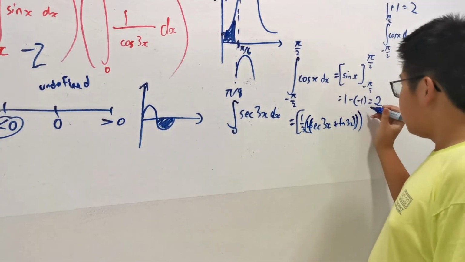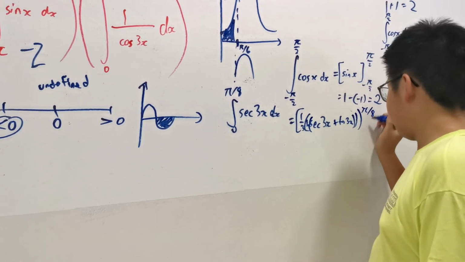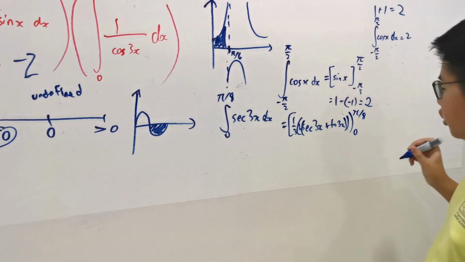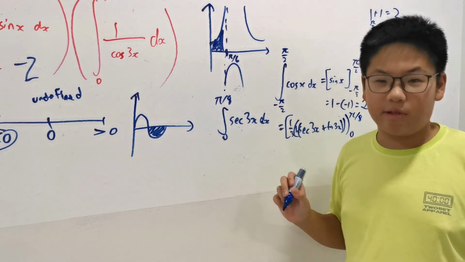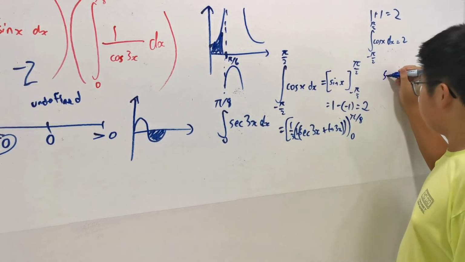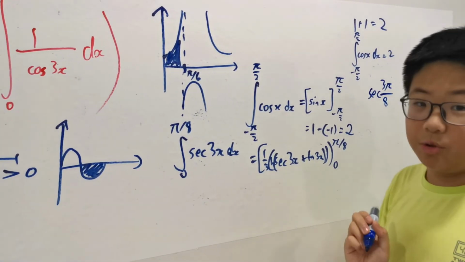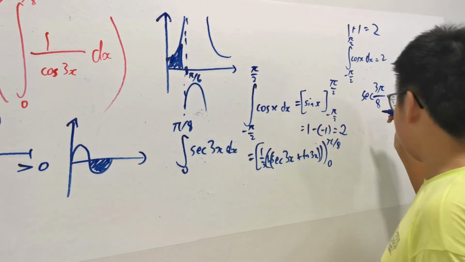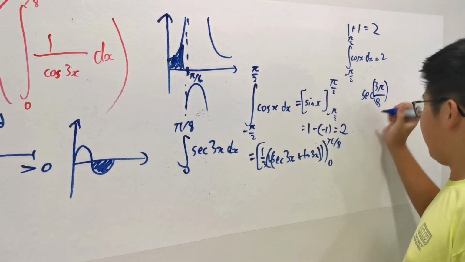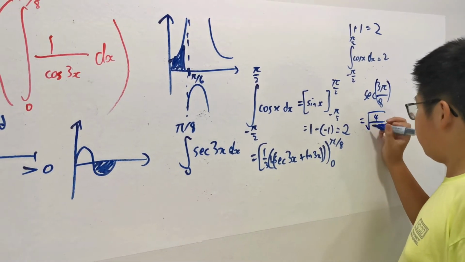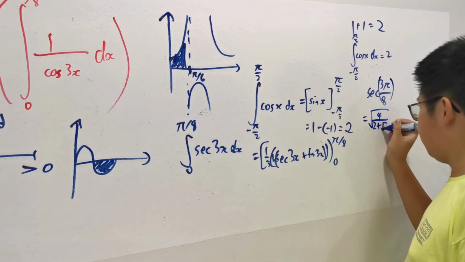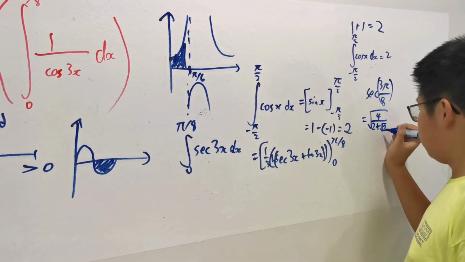So ultimately, you trigonometry students don't need to know the formula for secant 3 pi over 8. But I do, and I am blessed to say that secant 3 pi over 8 equals the square root of 4 over 2 plus root 2.